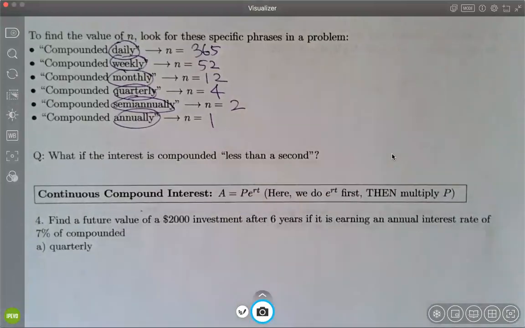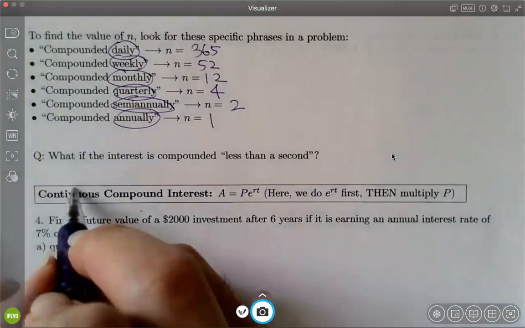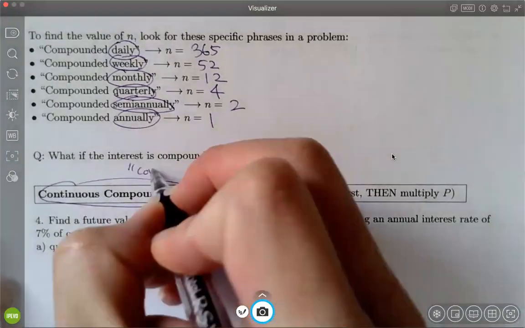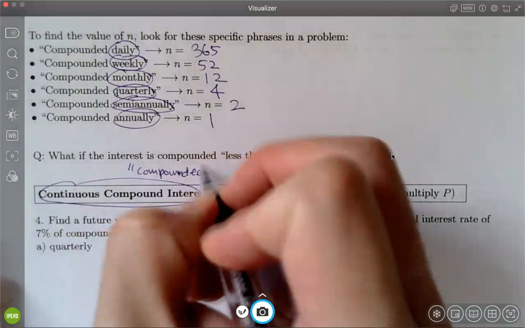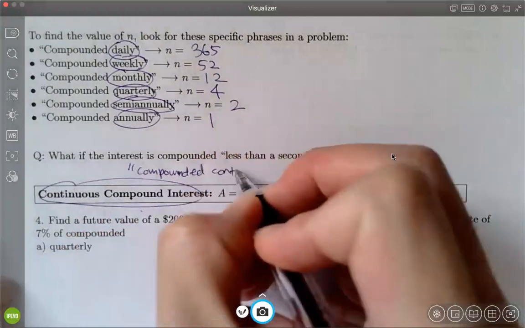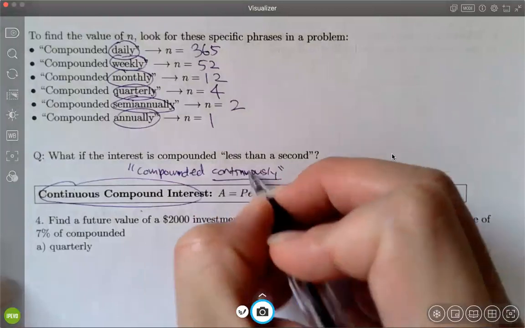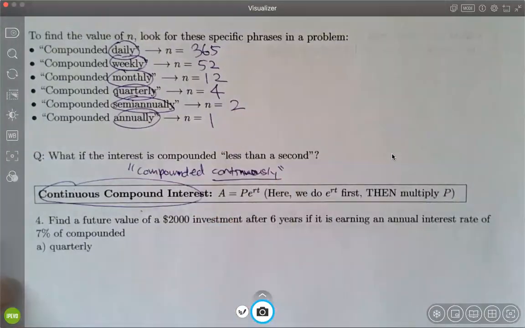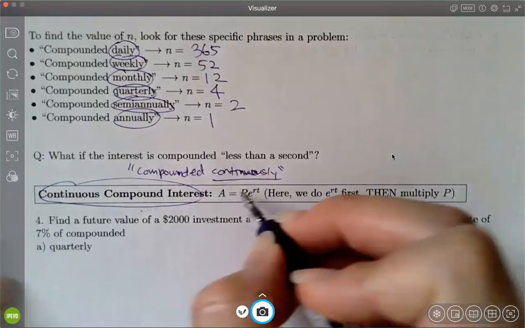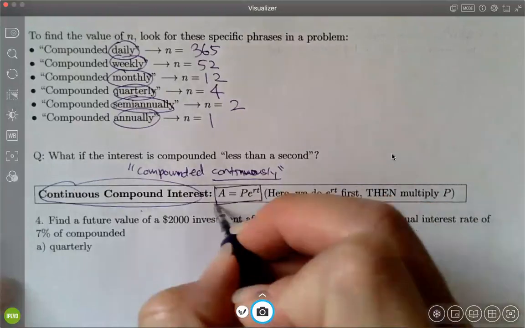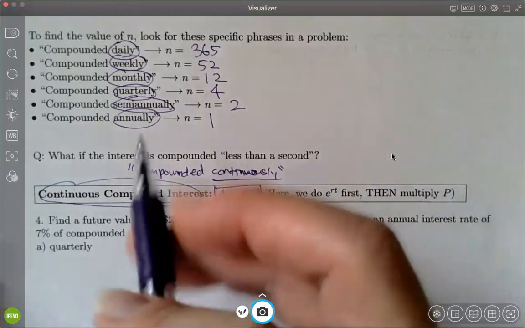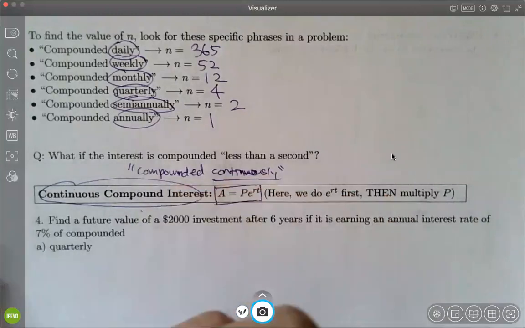For this one, you will see the phrase compounded continuously. If you see this phrase, you know you have to use a different formula, not the previous one. You must use this one.